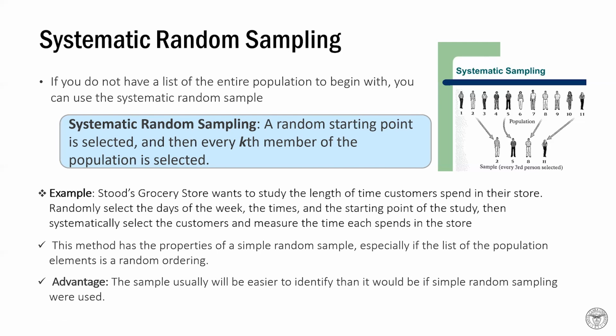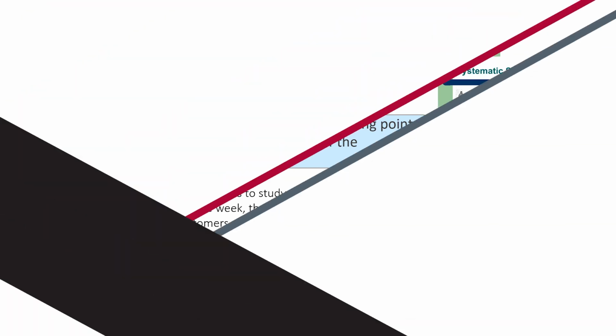The sample usually will be easier to identify compared to simple random sampling. It is worth noting that if the population is in some order already, like invoices arranged in increasing dollar amount, the systematic procedure should not be used.